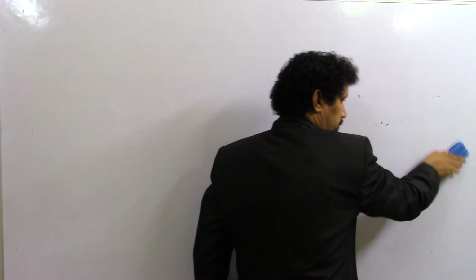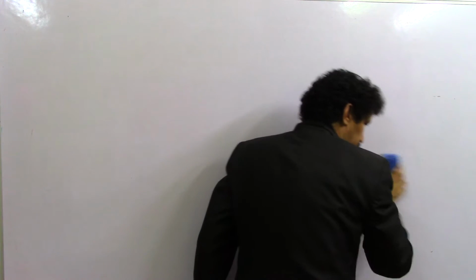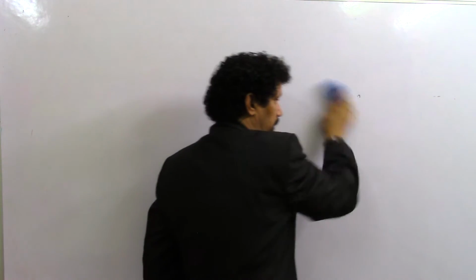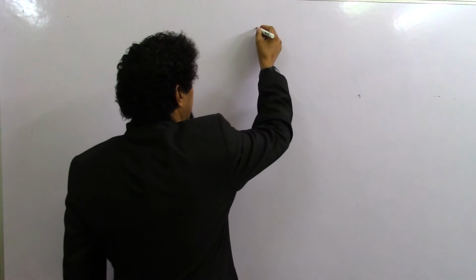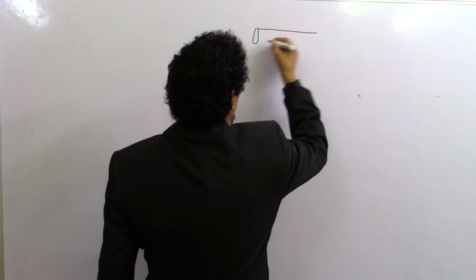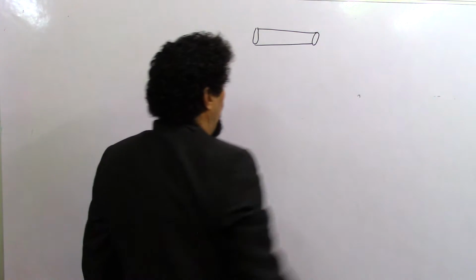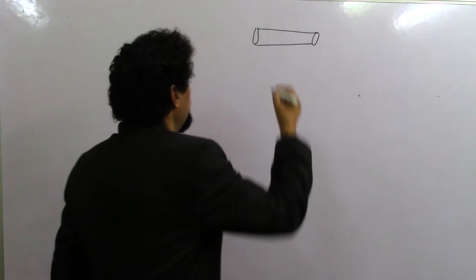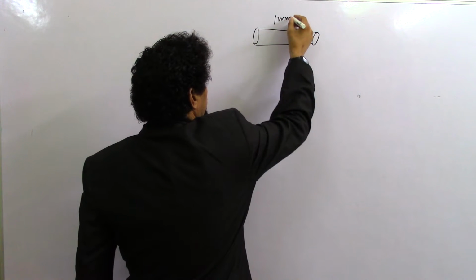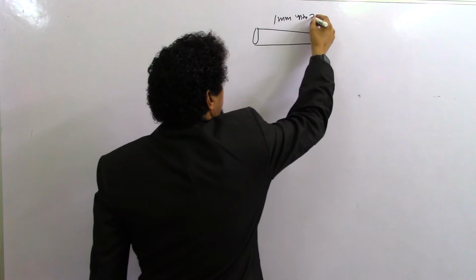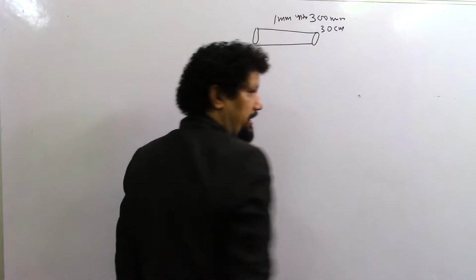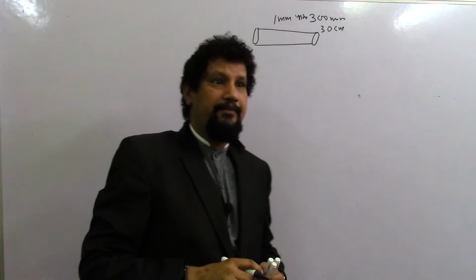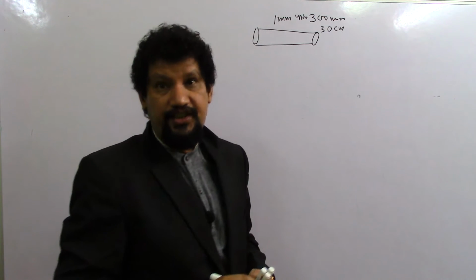Now I will move on to the fascicular architecture of the muscle. Muscle fiber has an average length from 1 millimeter up to 300 millimeters, or I can say 30 centimeters, but it may be up to 600 millimeters, or I can say 60 centimeters.